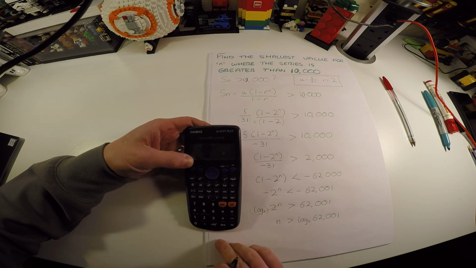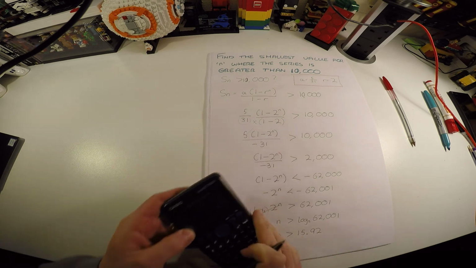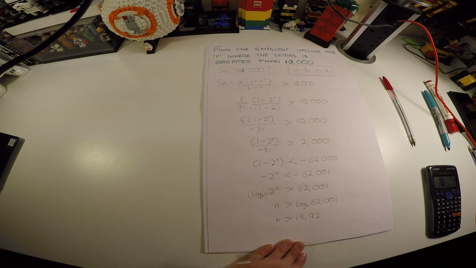When we do that, we get n must be greater than 15.92.